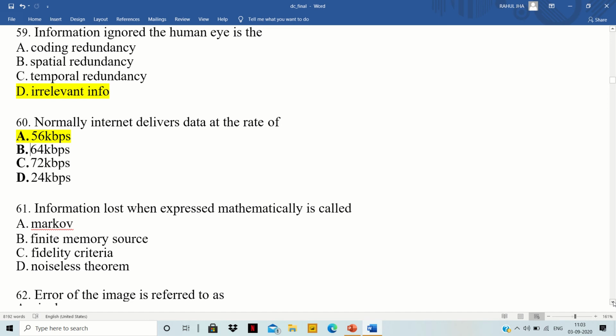So the right answer for this will be fidelity criteria, because if we are representing the information in the form of a mathematical equation when some information is lost, then we call it fidelity criteria.